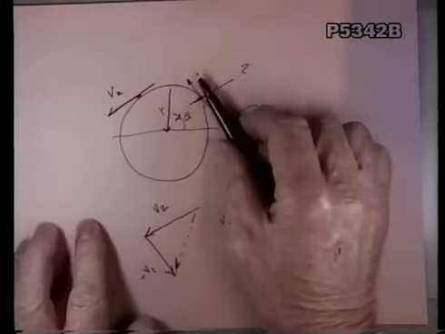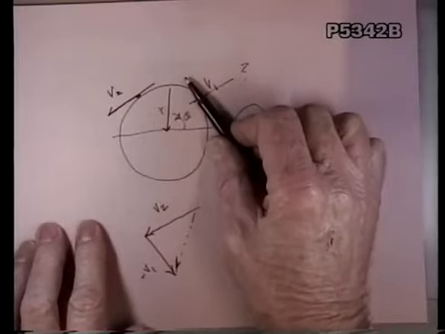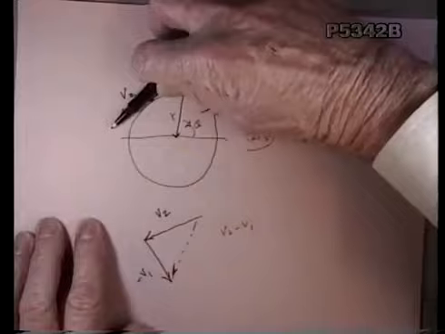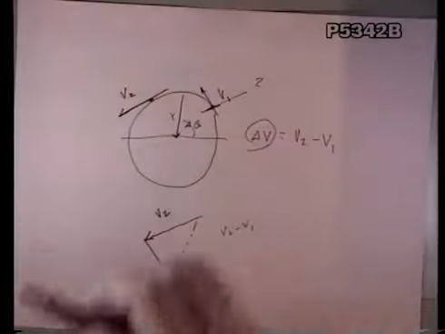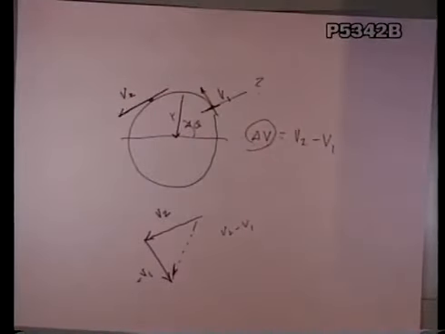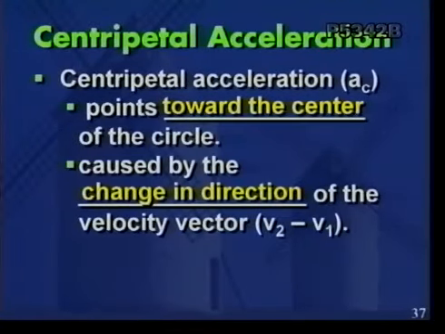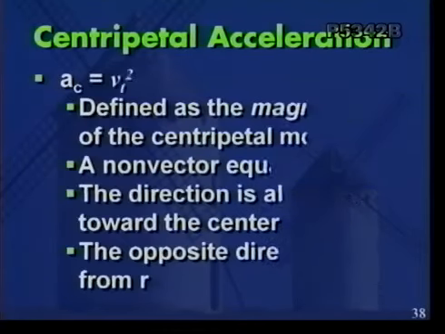So think of it this way. It's traveling at this speed at this point, another one at this point, constantly changing its velocity. Even though the magnitude remains the same, it's still changing the direction. It's caused by the change in direction of the velocity vector, which is v2 minus v1. You're subtracting again. So whenever the velocity vector changes, there's going to be a change in direction.